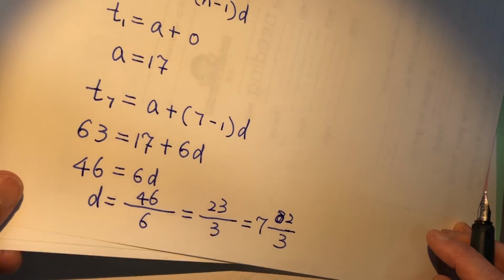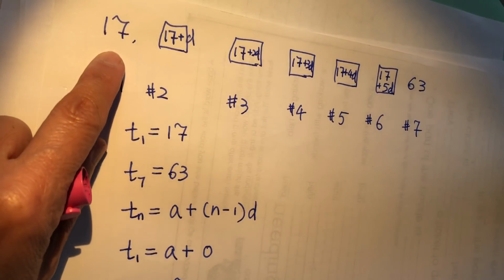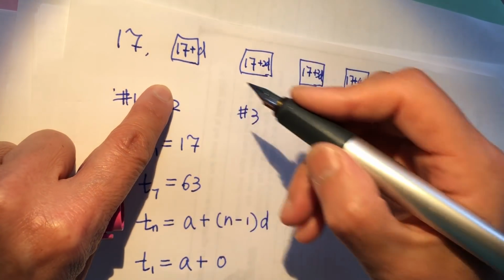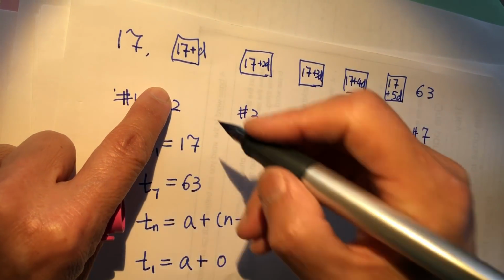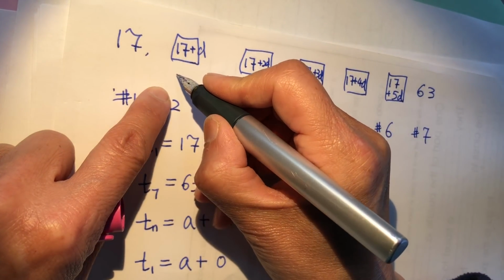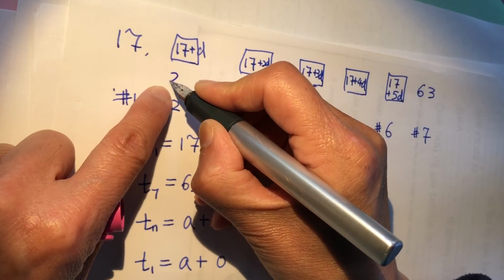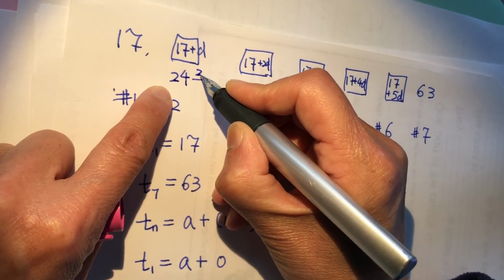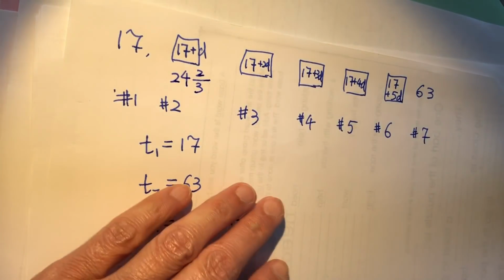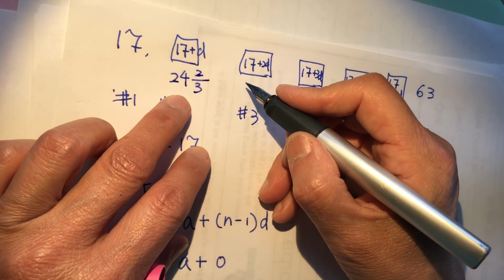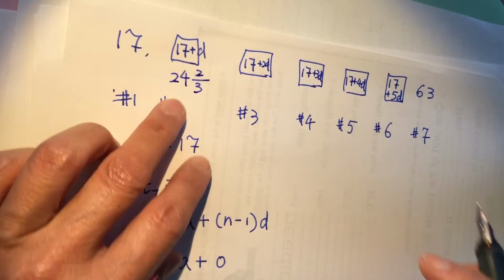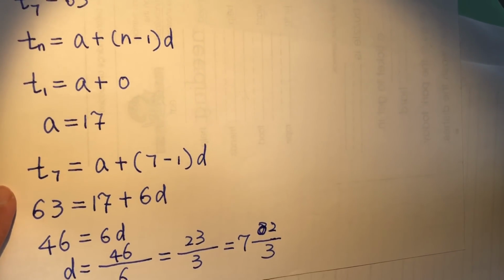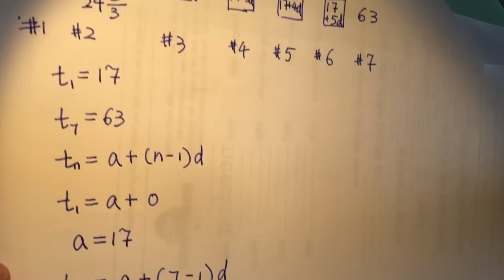So we will add in the numbers. The first one is 17, and the second number is 17 plus this number, which is 24 and 2/3. And then plus 7 and 2/3, we always have this common difference here.